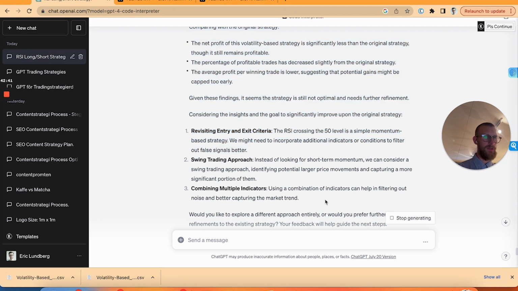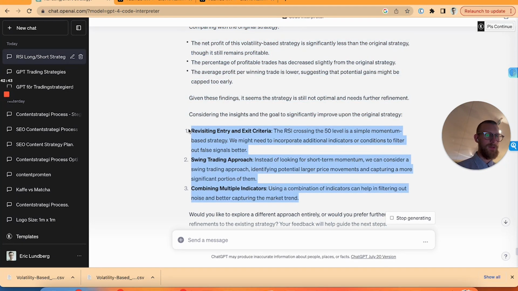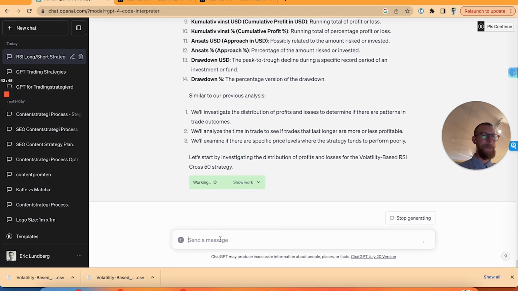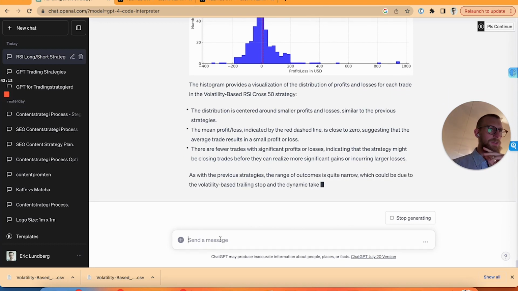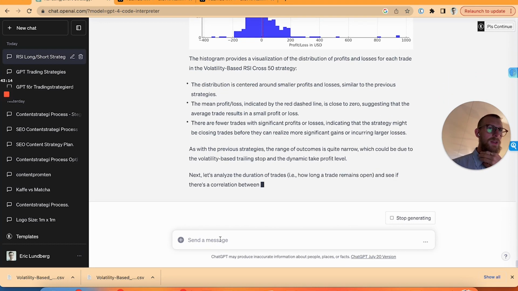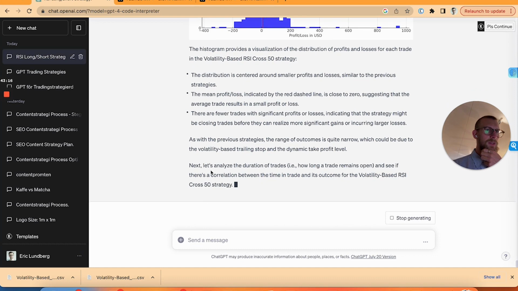Let's copy this one. Do this one. Profits and losses, similar to the previous strategy. The mean profit loss indicator, blah, blah, blah.